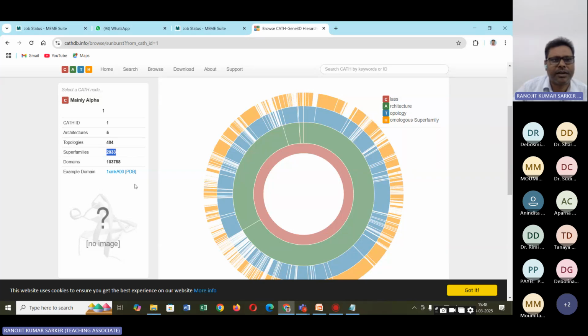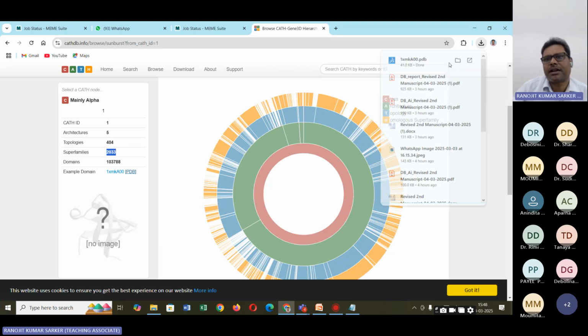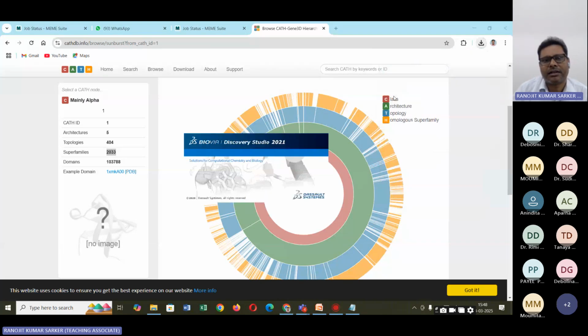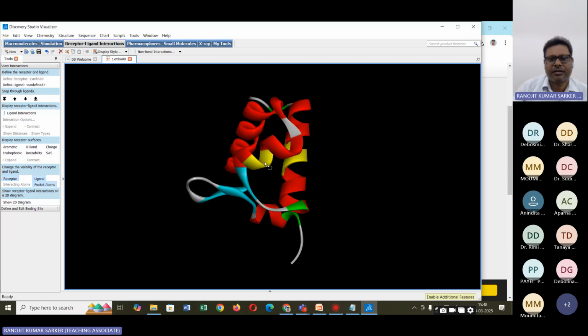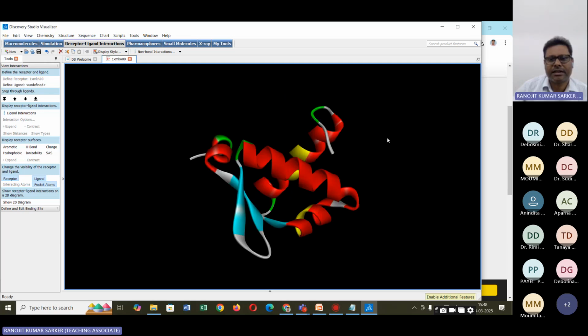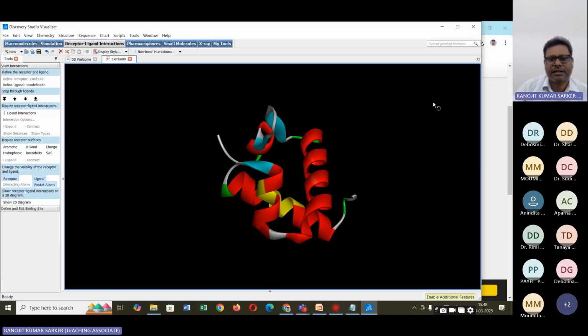These are the superfamilies. And we can go through the PDB structures from here. You can see the PDB structures from here.